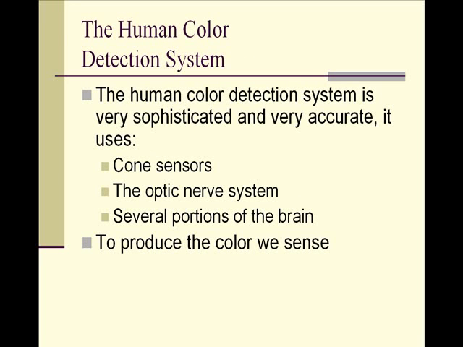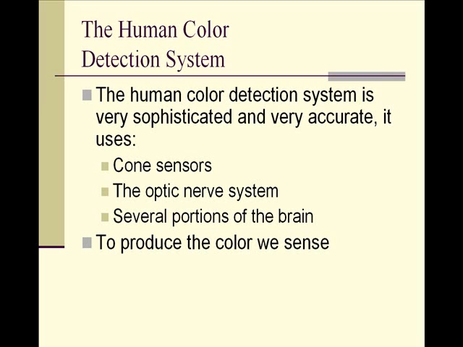Now, the problem with using numbers and trying to model our visual system of seeing color is that the human color detection system is very sophisticated and very accurate. You remember it uses cone sensors, the optic nerve system, and several portions of the brain. They all work together correctly to produce the color we sense.